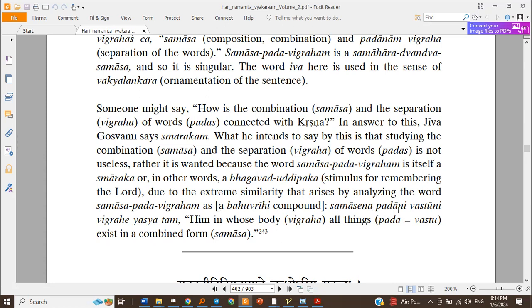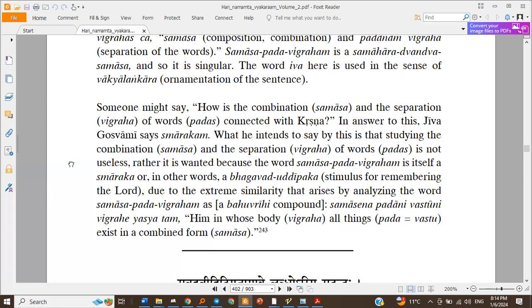Samasena padani vastuni vigrahe yasya tam: him in whose body all things, pada, which is vastu, exist in a combined form, samasa.